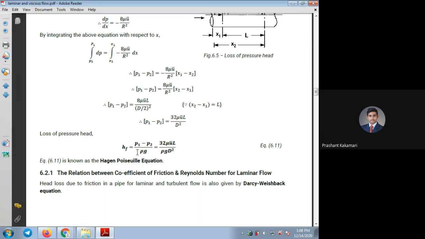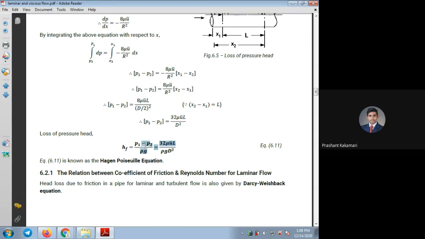If you want the head loss in terms of pressure, I can write head loss equal to P1 minus P2 divided by rho g, or P1 by rho g minus P2 by rho g. On the right hand side also we have to divide by rho g, so I can write it as 32 mu u bar L divided by rho g d square.